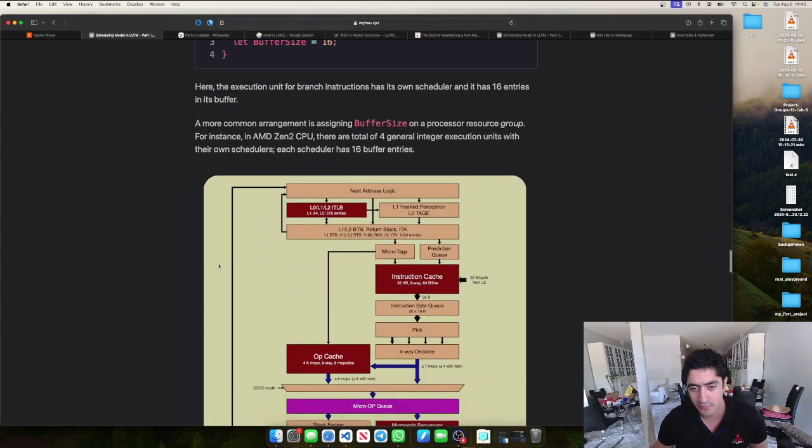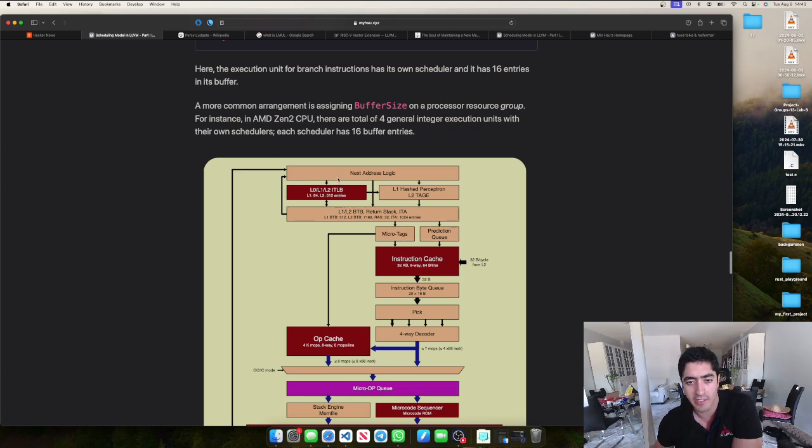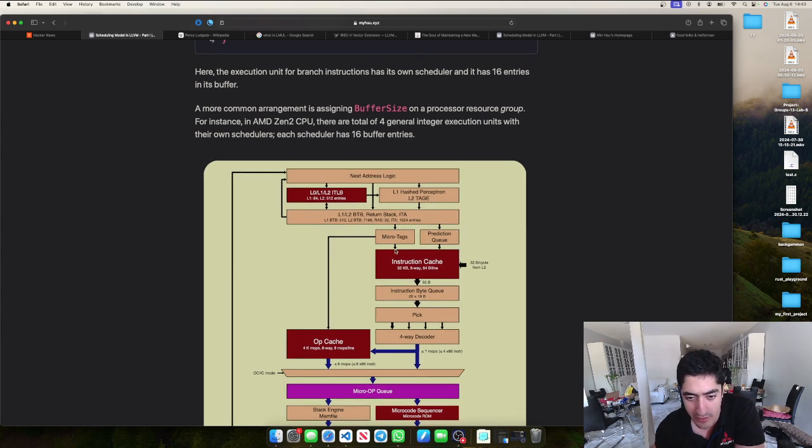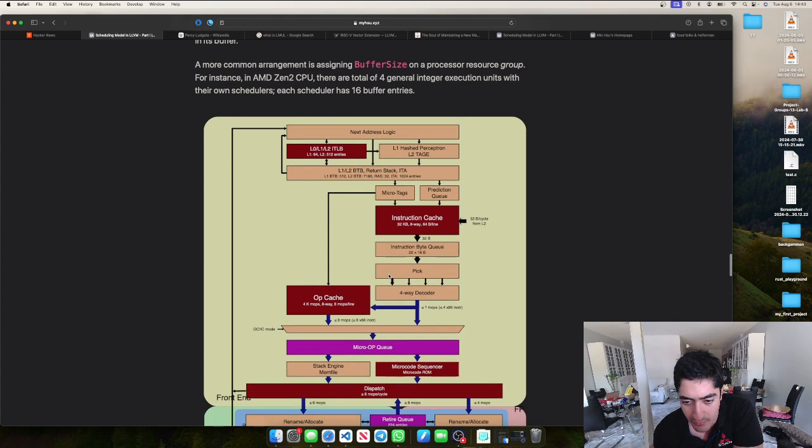So you have the front end, the next address logic. We have your caches probably. These go back and forward. These are one direction. You have your micro tags. You have your prediction queue. You have your instruction cache, it's 32 kilobyte, 8-way, 64 byte line. Instruction byte queue. Pick 4-way decoder.